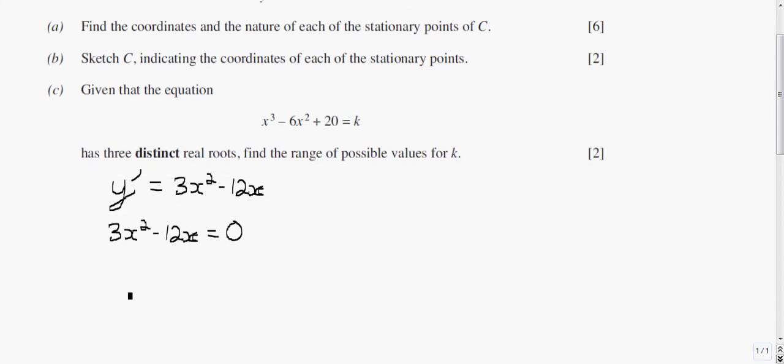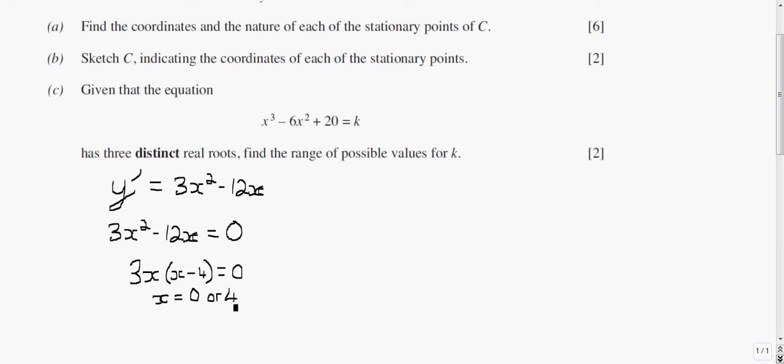And you can take out a factor of 3x now, so you can say either 3x equals 0 or x minus 4 equals 0. So x equals 0 or 4.